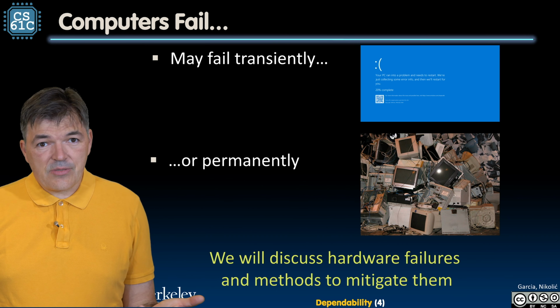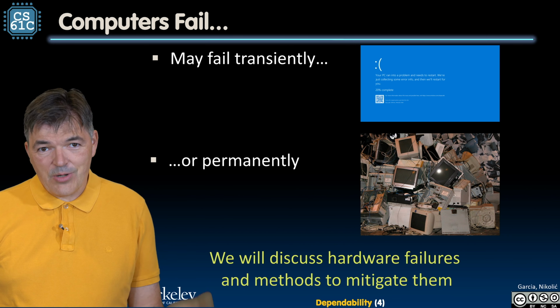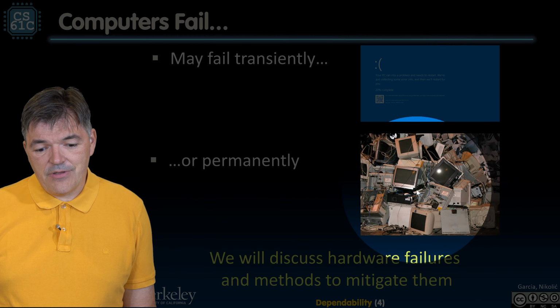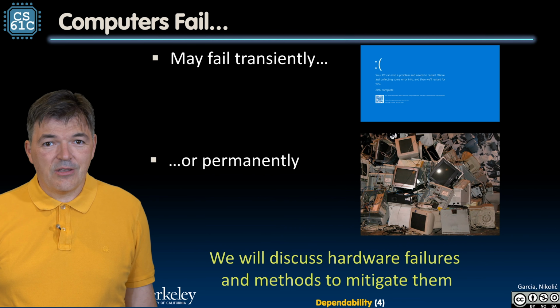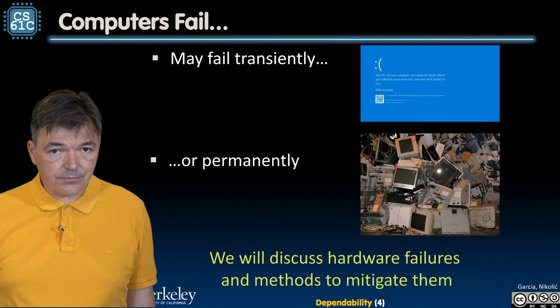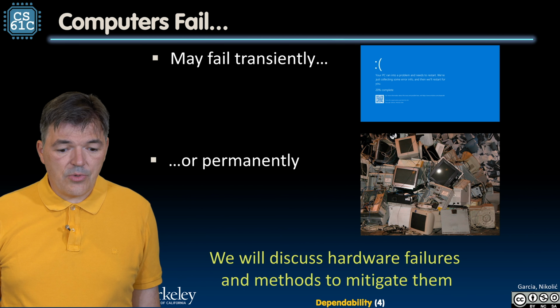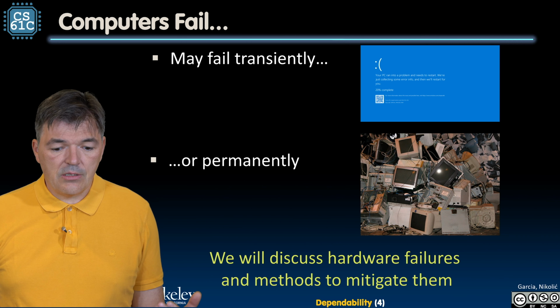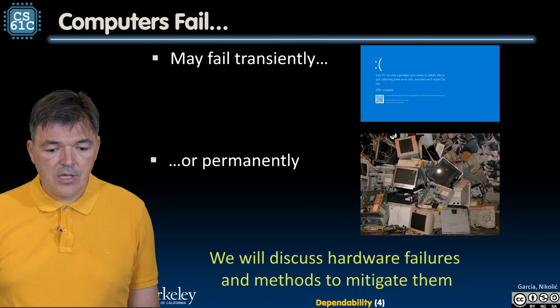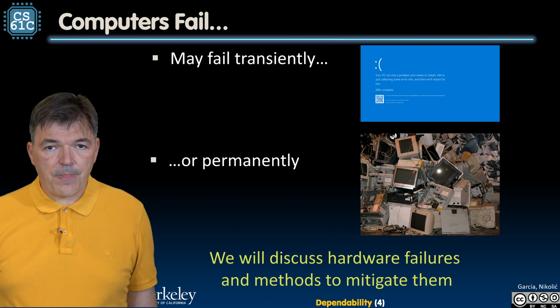If these errors persist, something really fails permanently in a computer, then often we discard them or we try to repair them if they are repairable. So in this module, we are going to spend some time talking about how we mitigate these hardware failures by using redundant components.